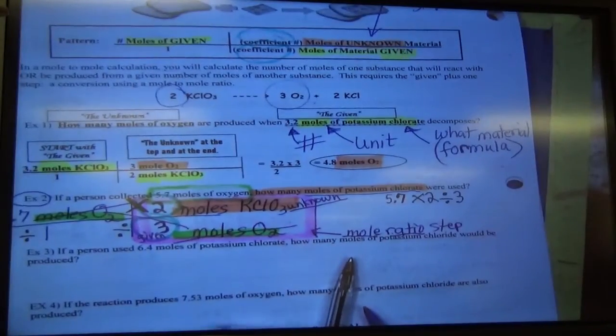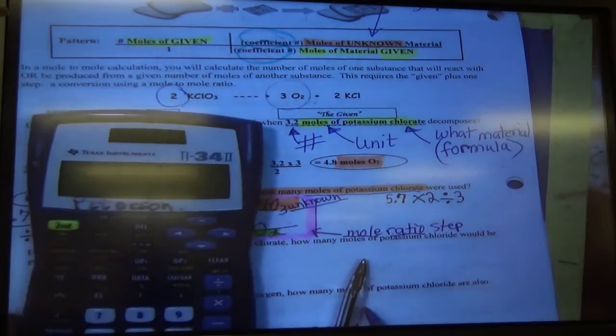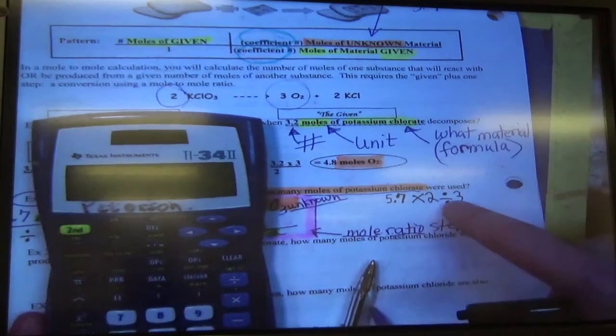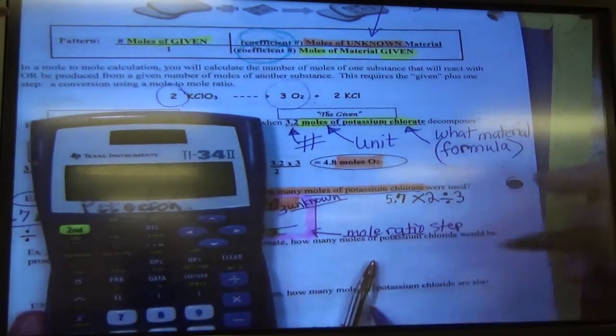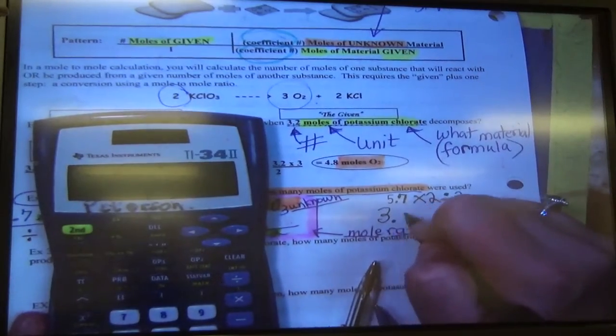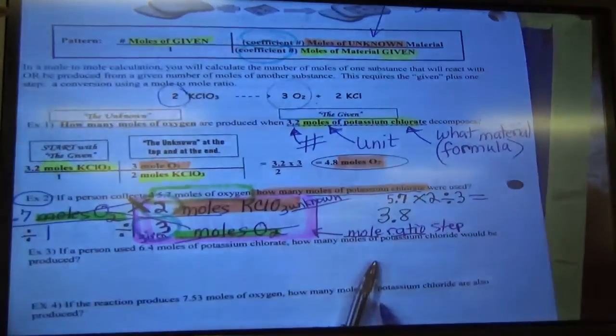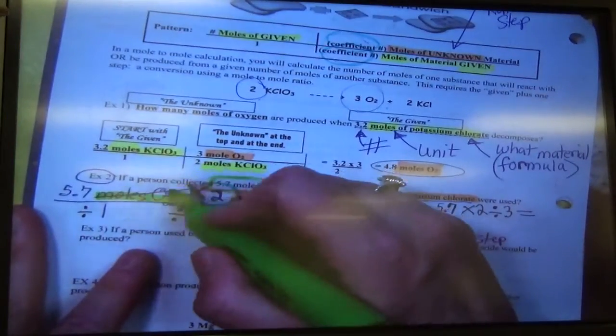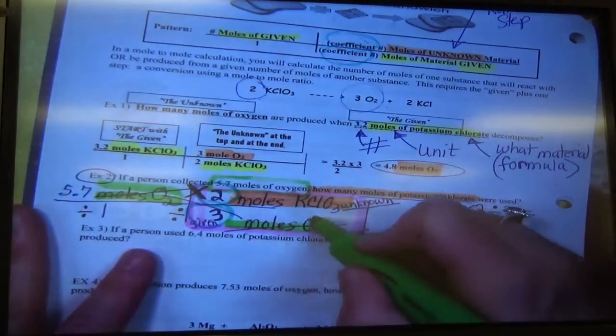Okay, so we get out our calculator. And today the phone calculator will work because we're not doing scientific notation at all. 5.7 times 2, divide by 3, equals, and the calculator says 3.8. Let's see which units did not cancel. Well, moles of oxygen canceled because it's here and here, they're gone.